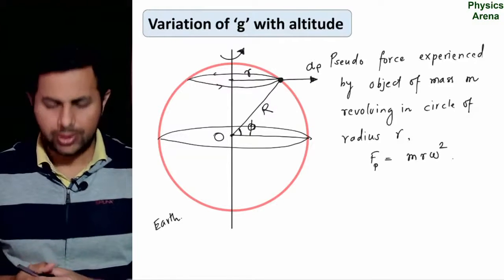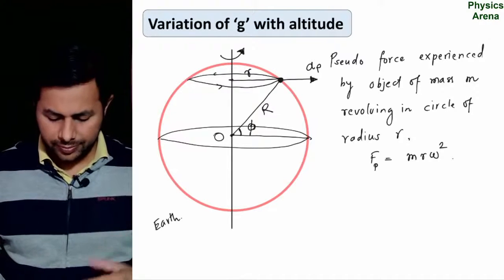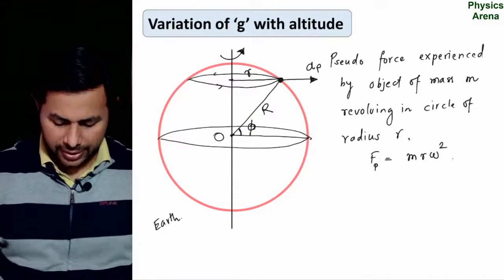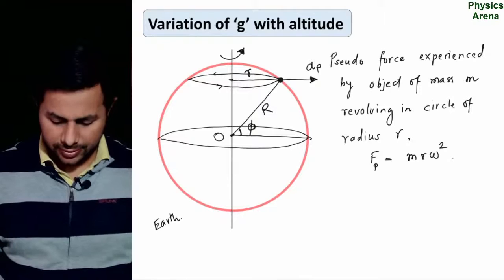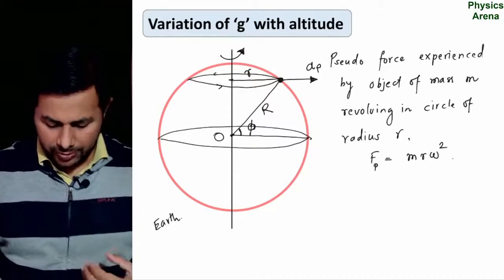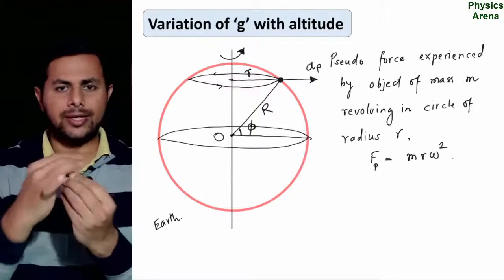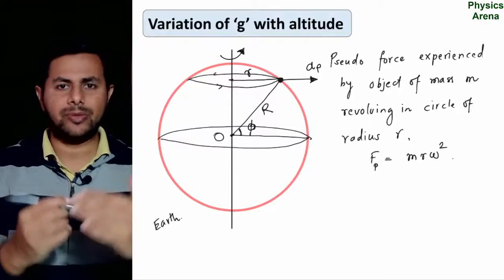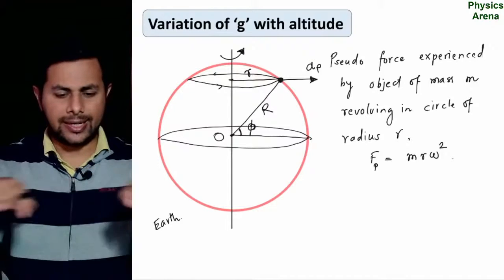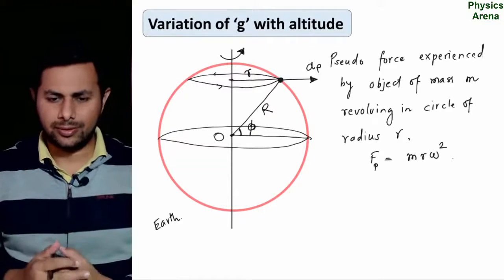The position of this object with respect to the center of the earth can be given by this radius, and there will be longitudes and latitudes, but we can say that the position will be somewhere on the angle phi. With respect to what? With respect to the equatorial plane. Phi is the angle made by its radius vector with respect to the equatorial plane.